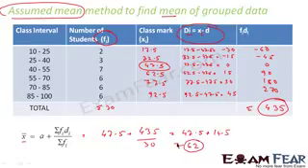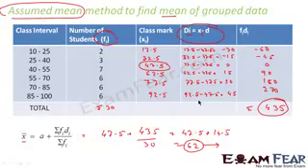In the earlier method also, the value we got was 62. That was the mean for this data, and now also we are getting 62. The only advantage is that my data is a little easier to maintain. So this is one advantage of the assume mean method.